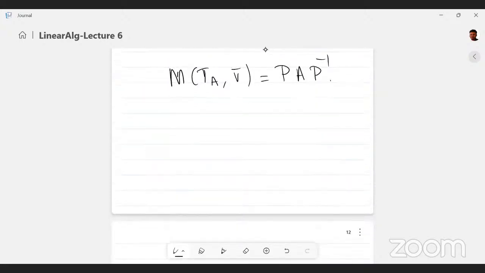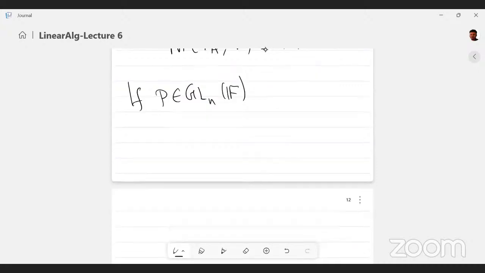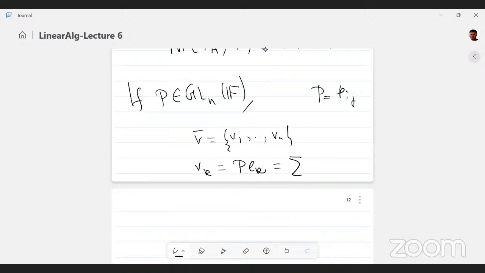Suppose I start with an invertible n by n matrix P. Then I can define V bar to be V1 through Vn, where Vk is given by P Ek, which is very explicitly the summation of P sub j k E j, because I have fixed k here.